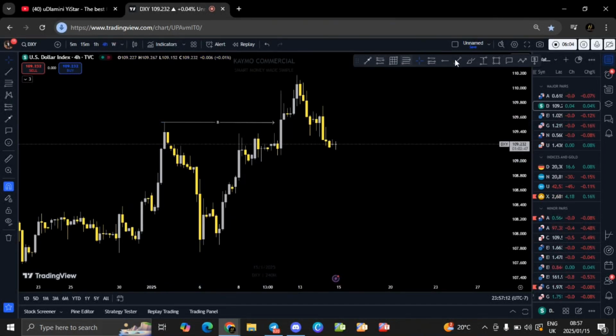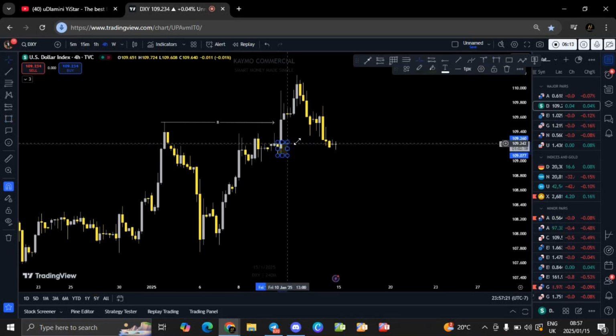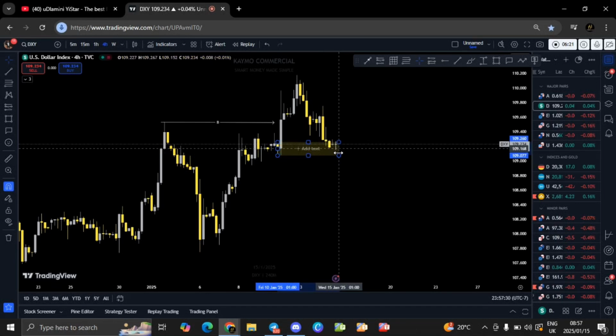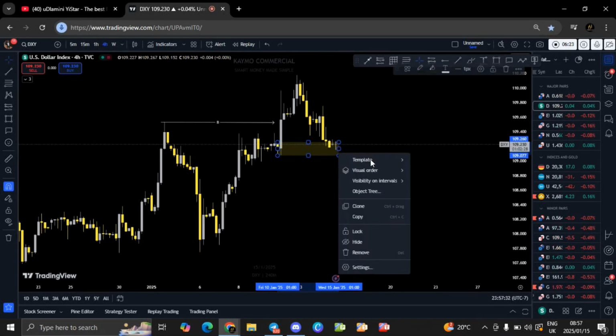And if you look into this, it looks like we have, sorry, let me put my phone on the side mode. So if you look into this zone, it looks like you have the demand zone.